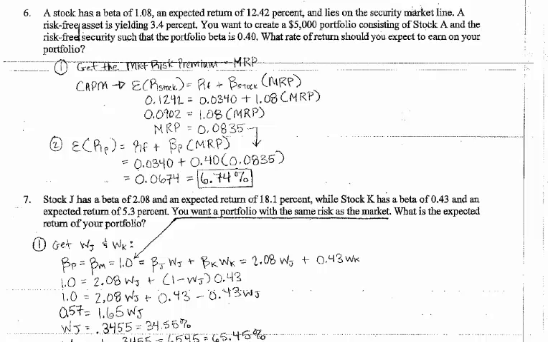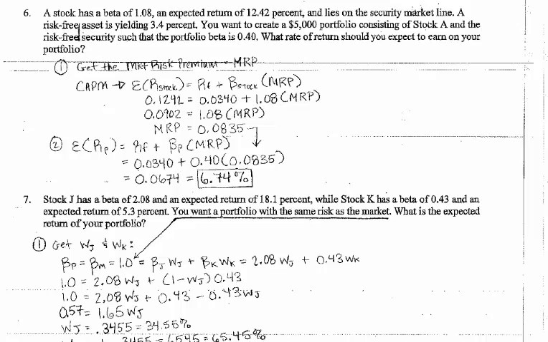That's one of the things we need. An expected return of 12.42%. That's pretty much what we would have been solving for if we'd used the CAPM, so that's going to be on the left side of that equation, and it lies on the security market line, which all that says is, hey, use the CAPM. A risk-free rate is yielding 3.4%, so we have that information.